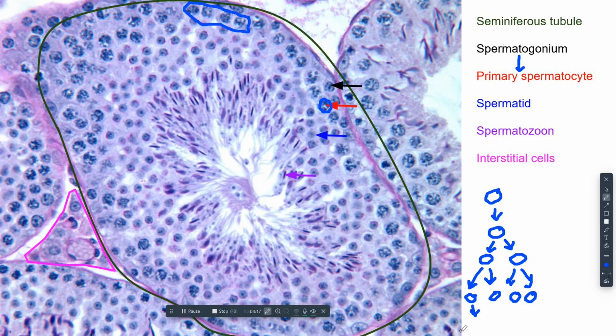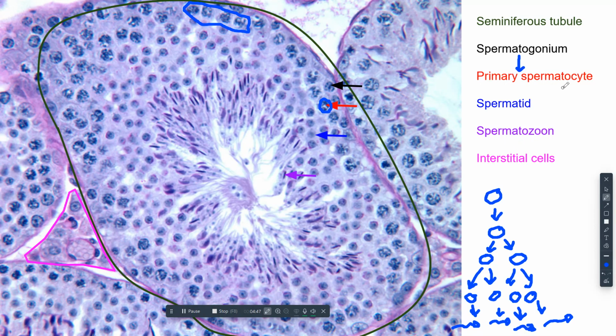Spermatids change their shape, and each spermatid becomes a sperm cell. So from one spermatogonium, we end up getting 4 sperm cells. So spermatogonium becomes primary spermatocyte, which divides to give me secondary spermatocytes, which then divide to give me spermatids, which then become sperm cells or spermatozoa.